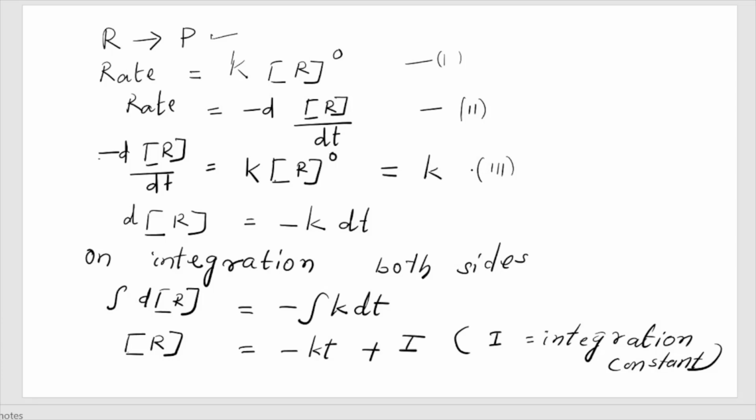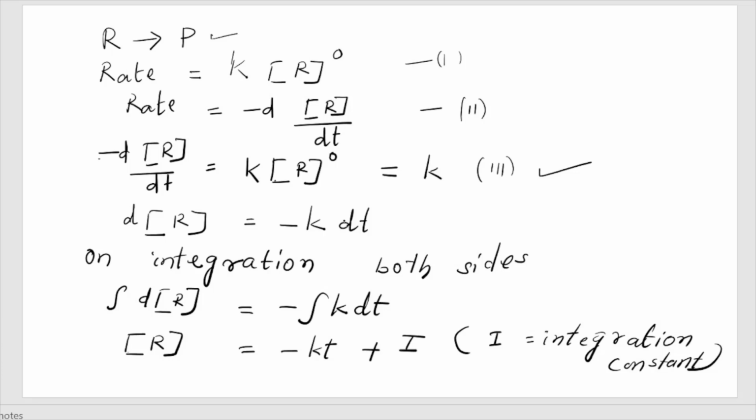Then I told, in mathematics, anything to the power 0 means this value is equal to 1. So what is minus d[R] by dt? That is equal to k. Are you clear? Then if you take dt to the other side, then d[R], the molar concentration of R, equals minus k dt.